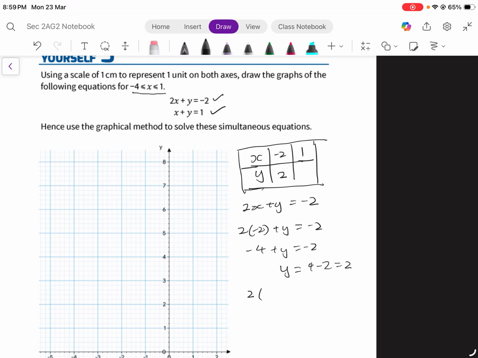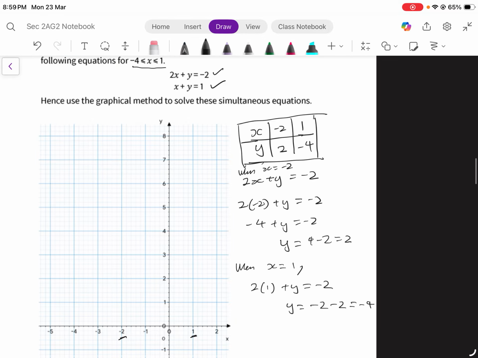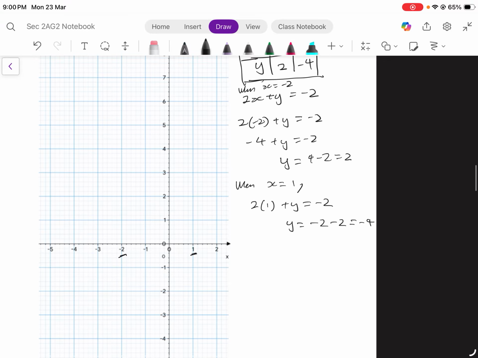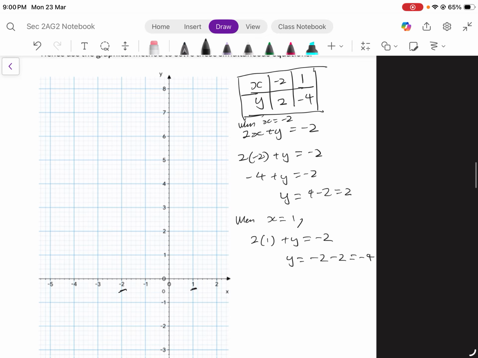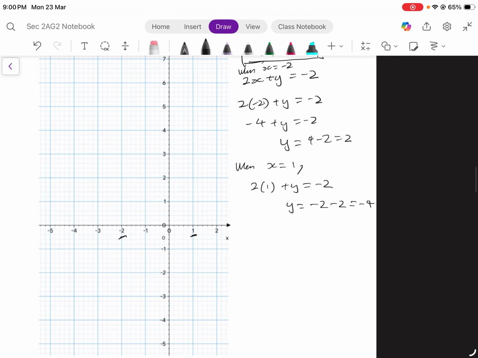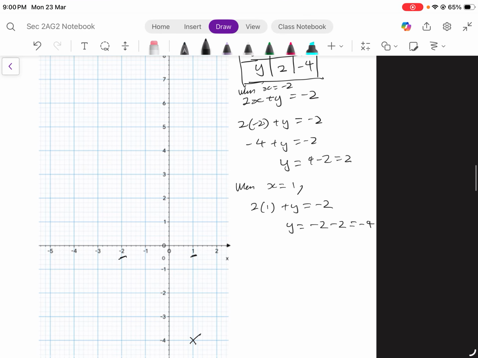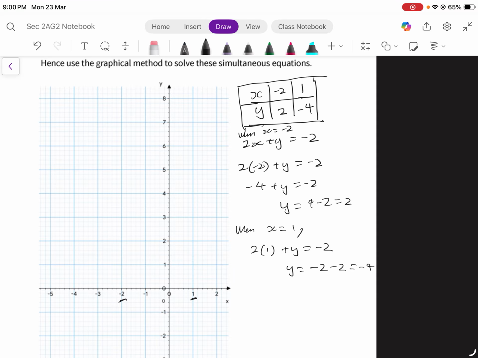Then the next one, when x equals 1. So this is when x equals minus 2, and this is when x equals 1. I get 2 bracket 1 plus y equals minus 2, y equals minus 2 minus 2, minus 4. So x is 1, y is minus 4. x is minus 2, y is 2.